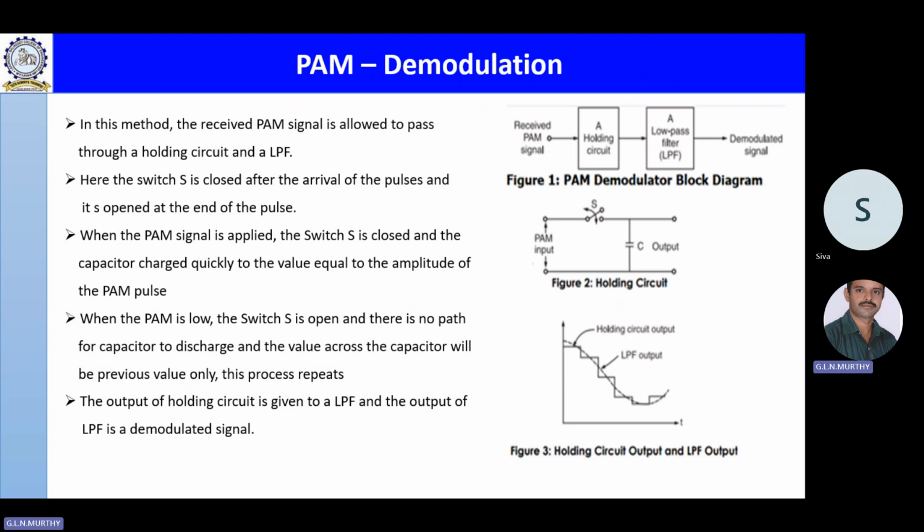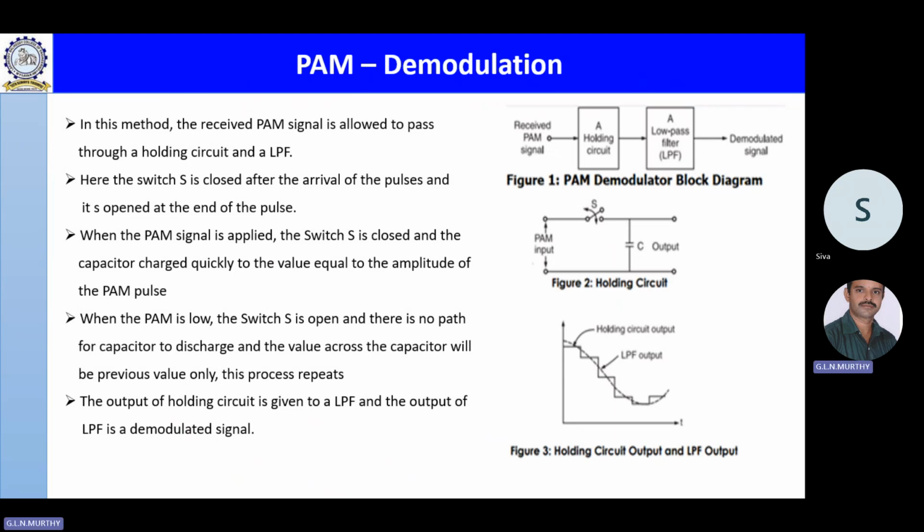Any PAM signal is demodulated using two circuits. One is a holding circuit, second one is a low pass filter. So how does it work? The holding circuit is almost similar to the two switches which we have used in the previous discussion. What is the role?